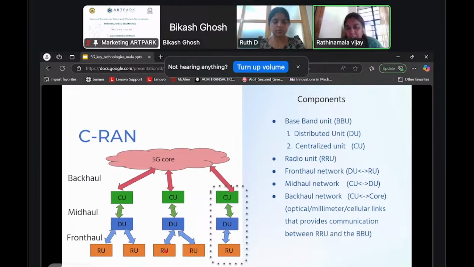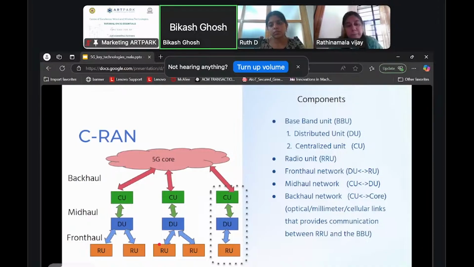The structure of the gNodeB is flexible, so you can always change it according to your application. Can you mention what the distance is between your distributed unit and the RU in your current application?